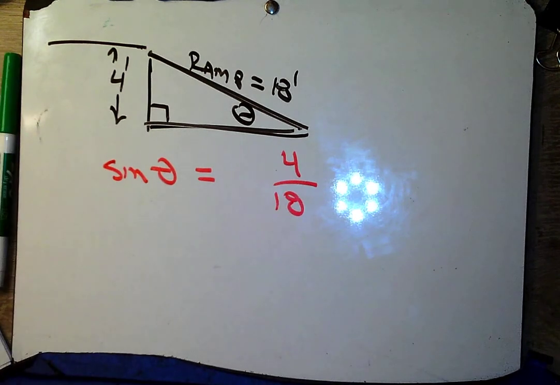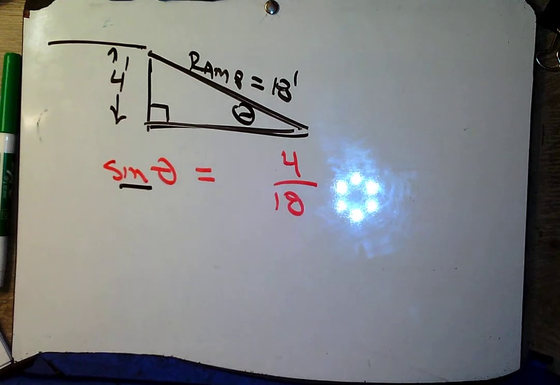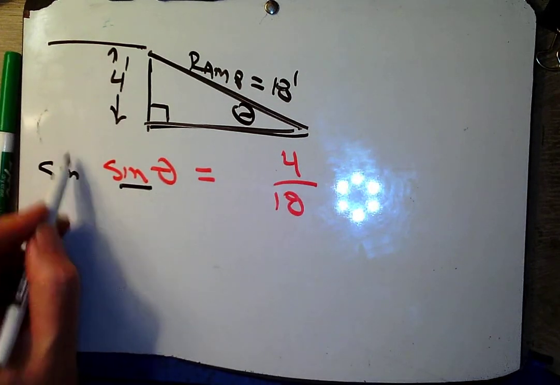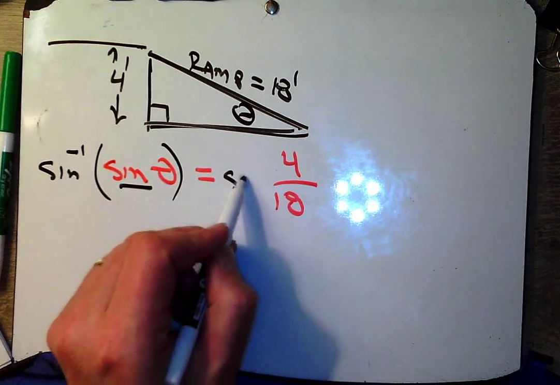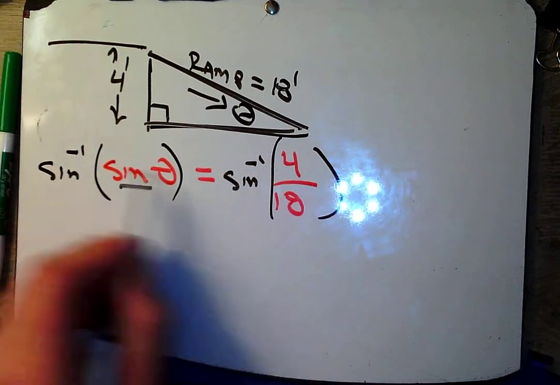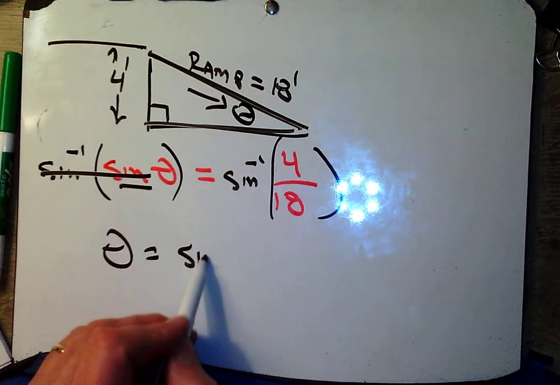We want theta. And to get there, I'm going to have to get rid of this. Am I going to divide both sides by the letters sin? That's incorrect. I'm not going to do that. Instead, this is where we use the inverse trig functions. If I'm looking for an angle, I better be using my inverse trig functions. That's what gets theta by itself.